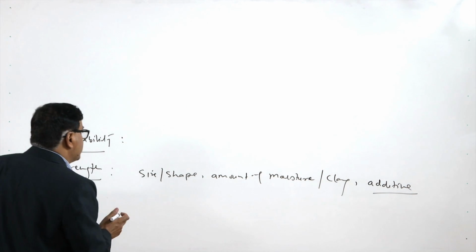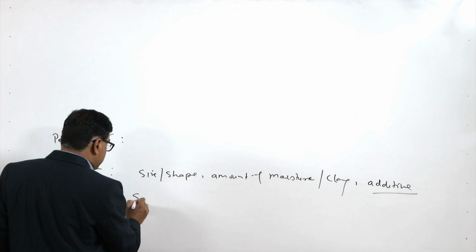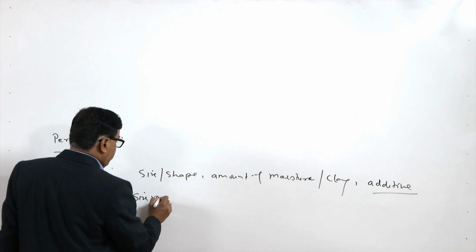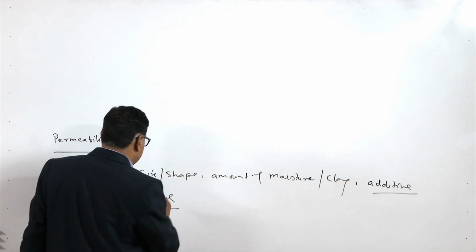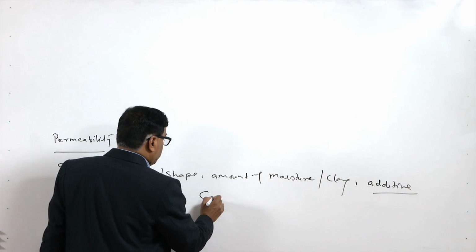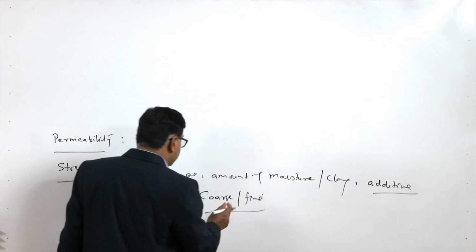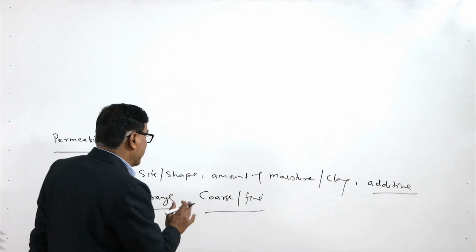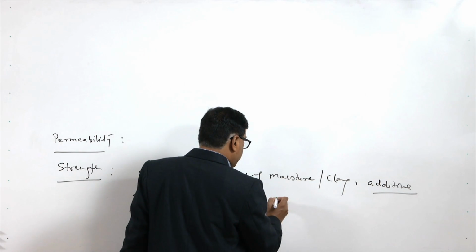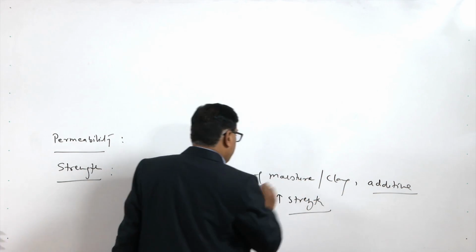Here, the size range is more important in case of the strength and the permeability as well. So, combination of the good coarse and fine size sand particles results in the increased packing, close bonding and so increased strength of the mold.